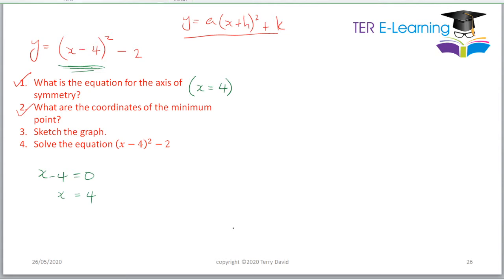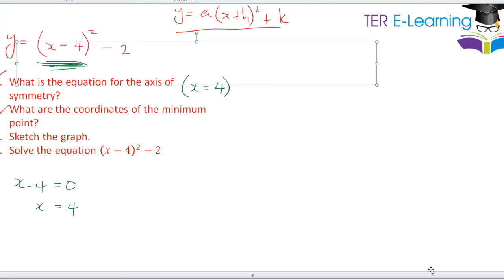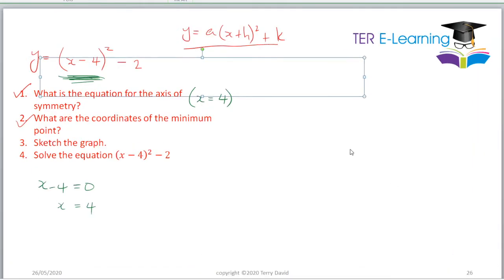So the question is, what are the coordinates of the minimum point? I've seen 4, -2. That's something about right. So remember, when you have a quadratic, we use this to find the x coordinate. This here is my axis of symmetry.